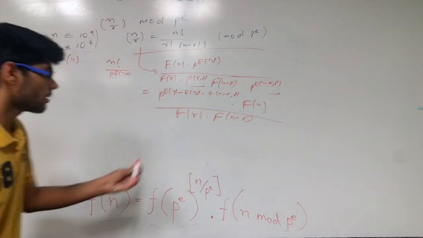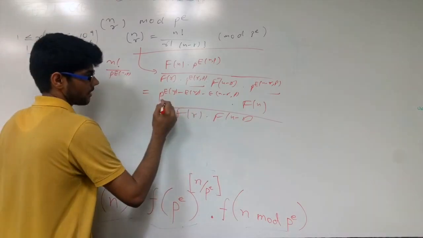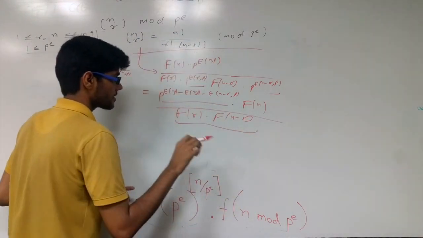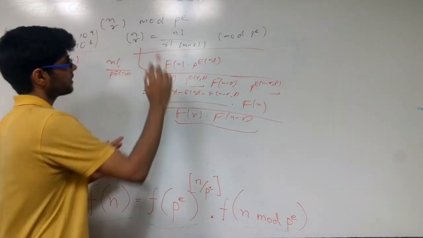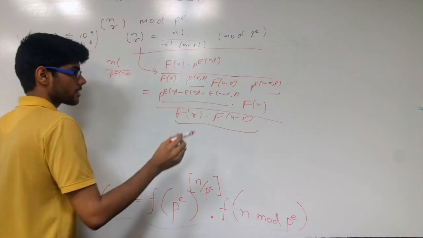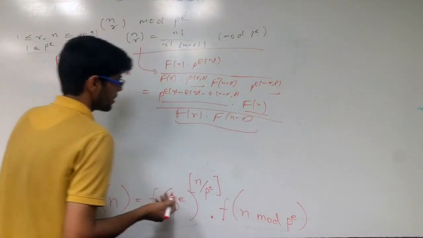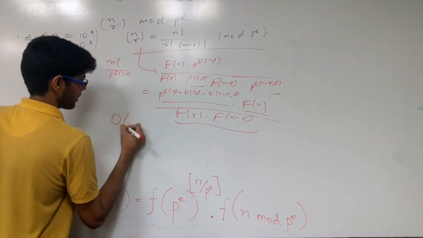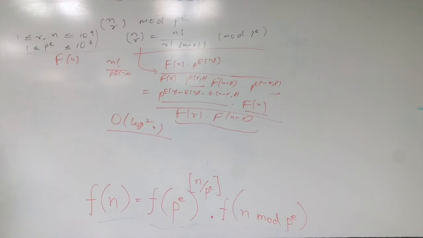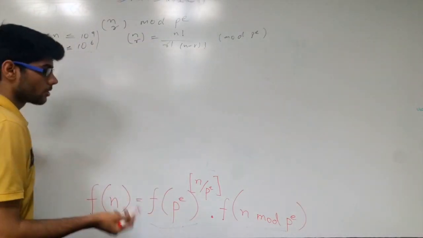Now notice that the denominator is co-prime to p because we have extracted all the powers of p, so we can just find its inverse and multiply to find the value of NCR modulo p to the e. We already showed that capital F of n can be found in order log square n, so overall the complexity is order log square n. So now we know how to find NCR mod p to the e in order log square n time.